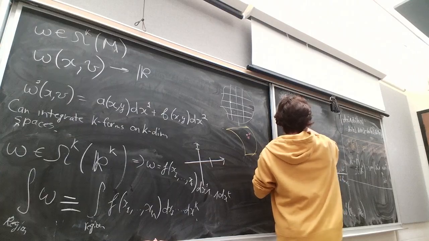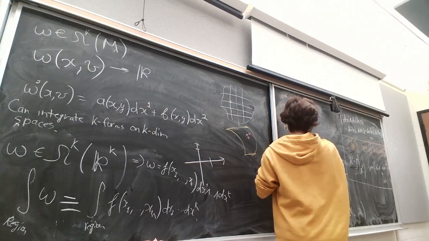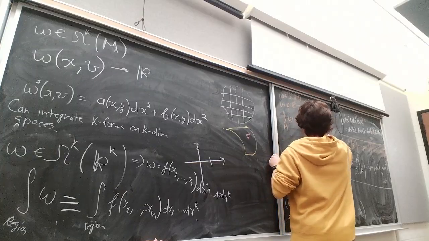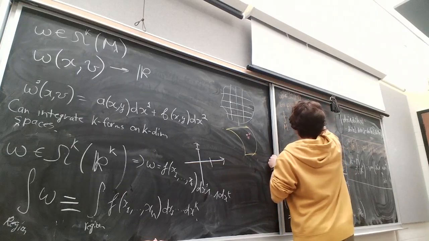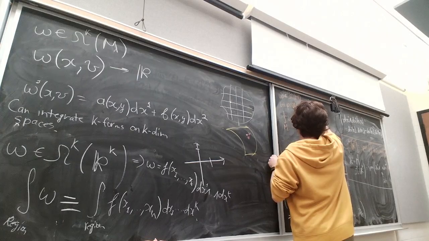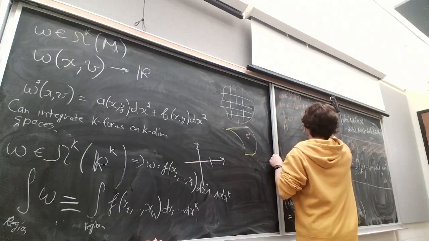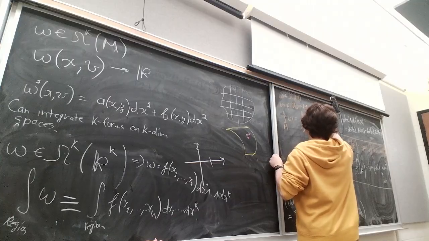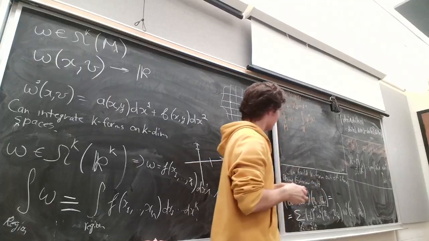Then the integral over the manifold of omega will be defined as the integral over U, a subset of R^k, of the pullback of omega by phi.